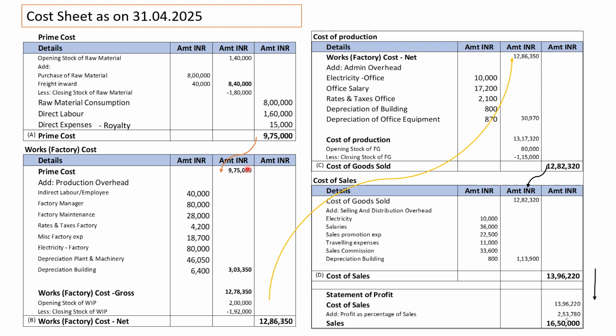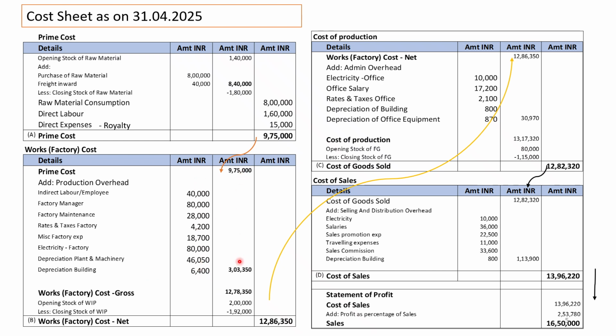To the prime cost, if we add production overheads, that is indirect labor, factory manager, factory maintenance, rates and taxes, miscellaneous factory expenses, electricity factory, depreciation of plant and machinery, depreciation of the building, these are all factory overheads.